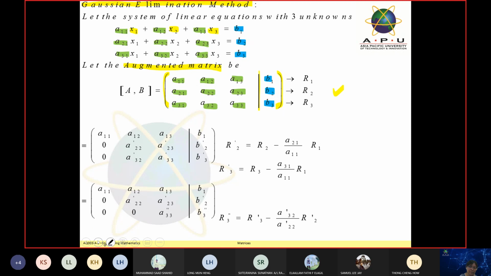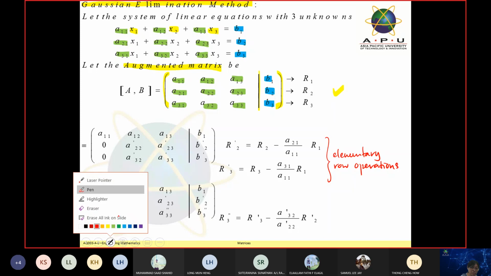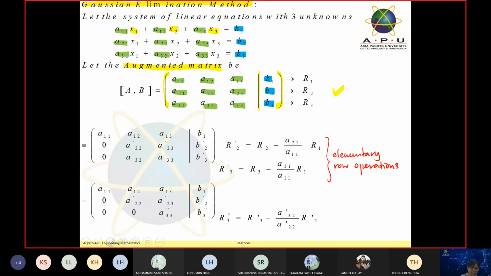Then we will apply the elementary row operations, to conduct the elementary row operations so that the augmented matrix that you have just now has 3 zeros here.